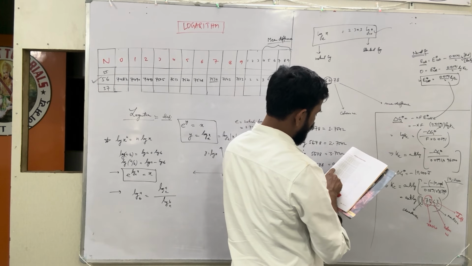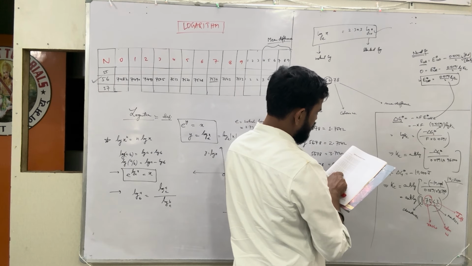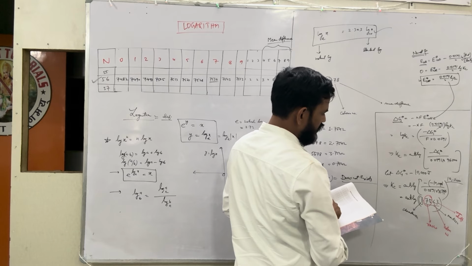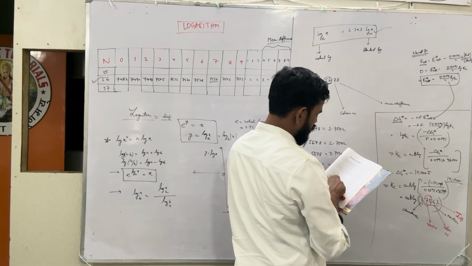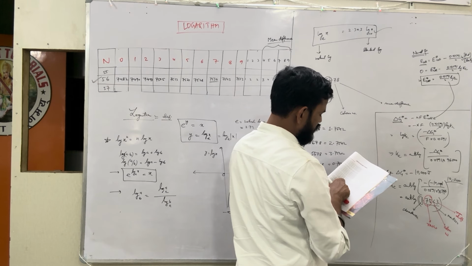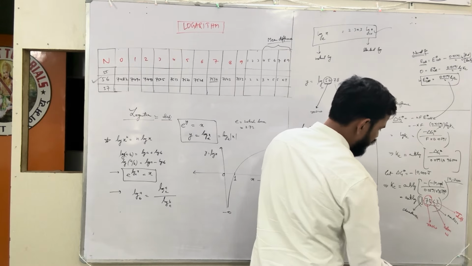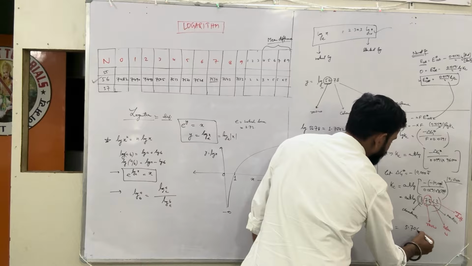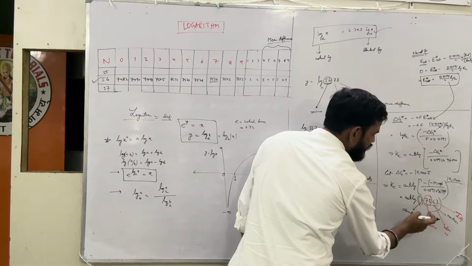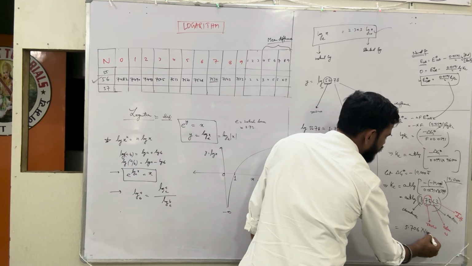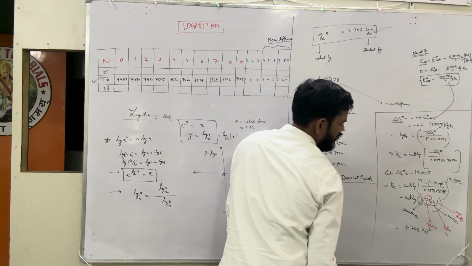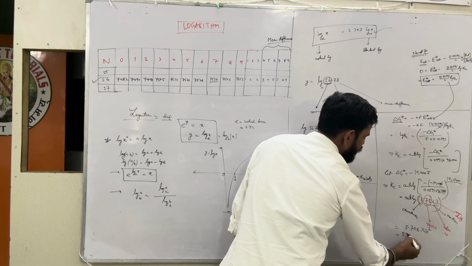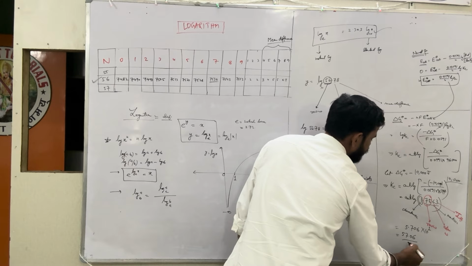So 0.75 column number 6 is 5702, and the mean difference for 3 is 4. So 5706. So the value that you are going to get is 5.706. Now what happens to the characteristic? It gets multiplied by 10 to the power 1. So your value of Kc will be 57.06.